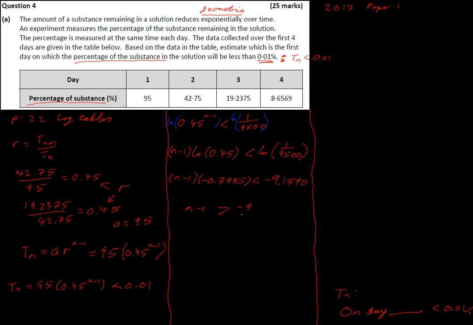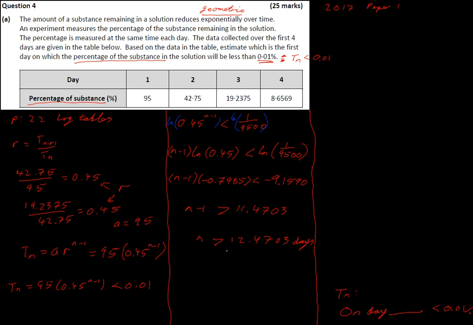When we put that into our calculator and divide both sides, we get 11.4703. Add 1 to both sides, and we get 12.4703, and that's days. So this is about halfway through the 12th day.